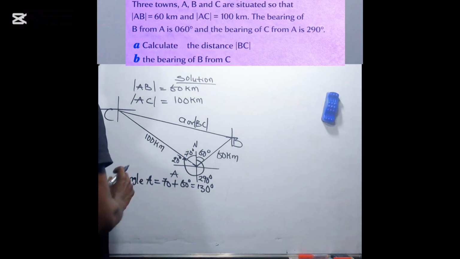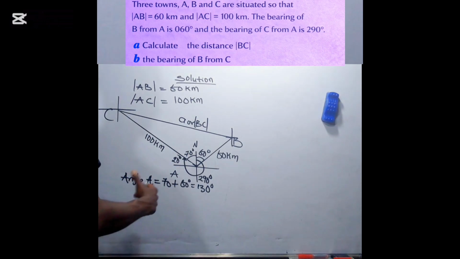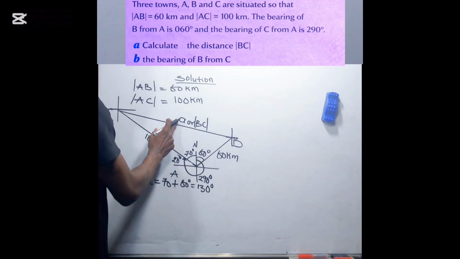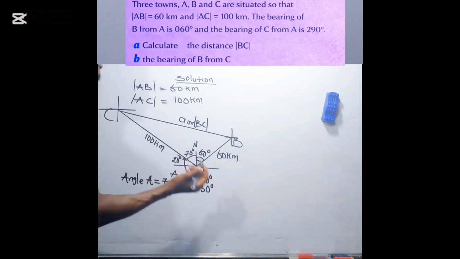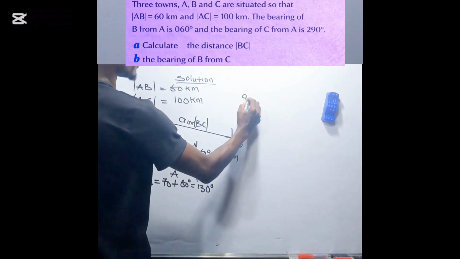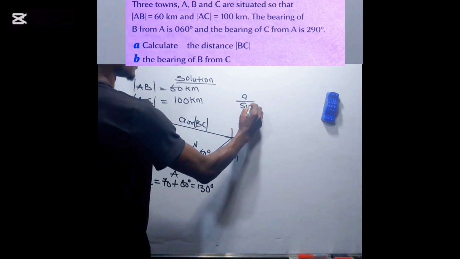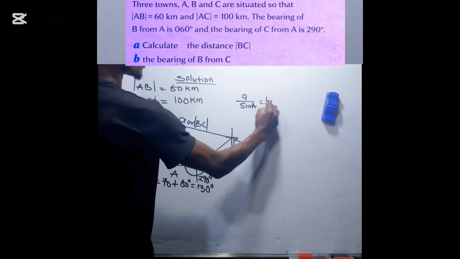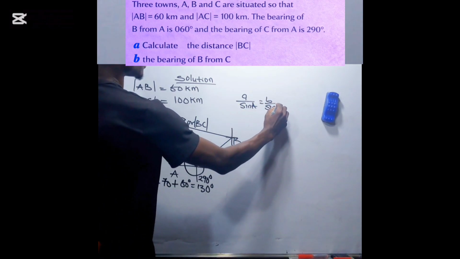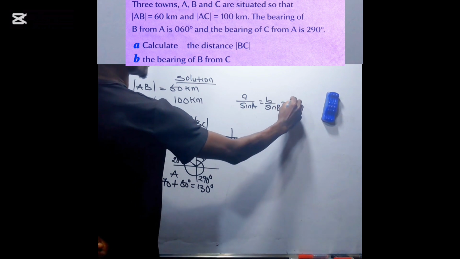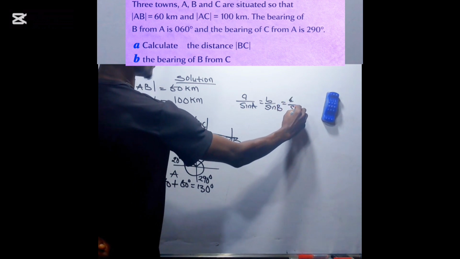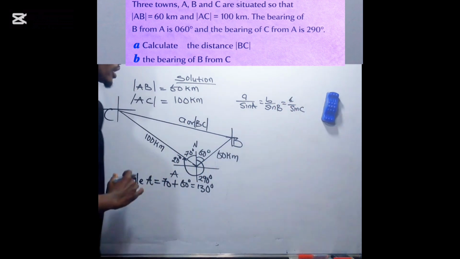Since we've gotten angle A, which formula can we use to find side a? From the sine rule, we have a over sine A equals b over sine B equals c over sine C. Let's check if we can use this.